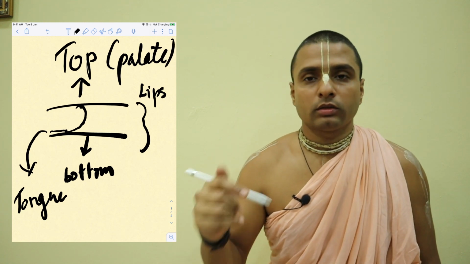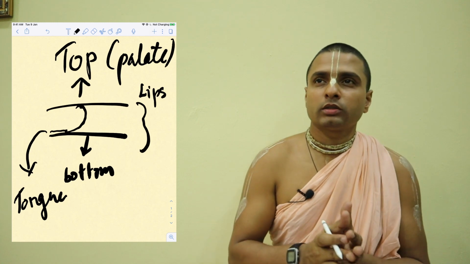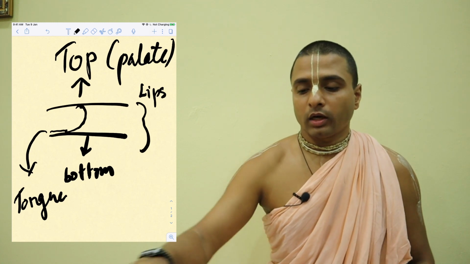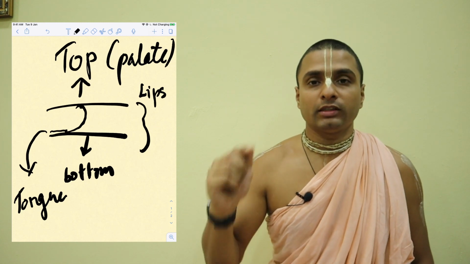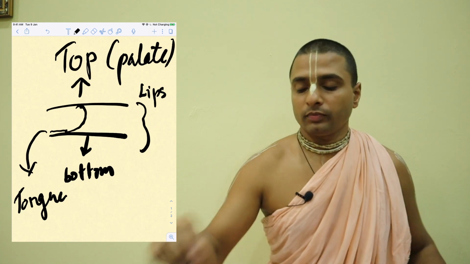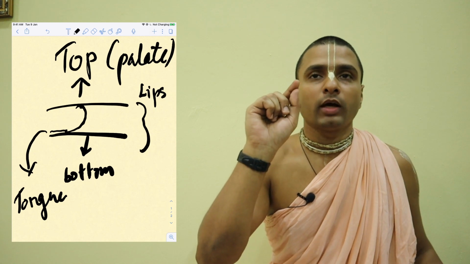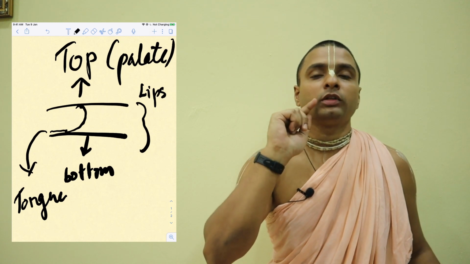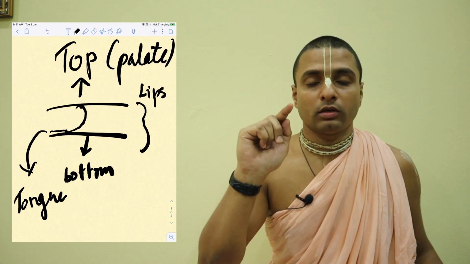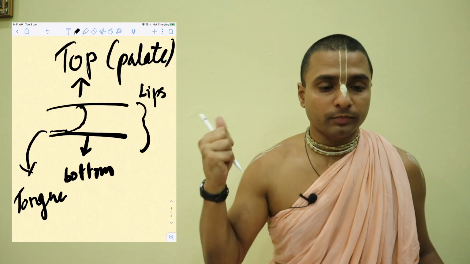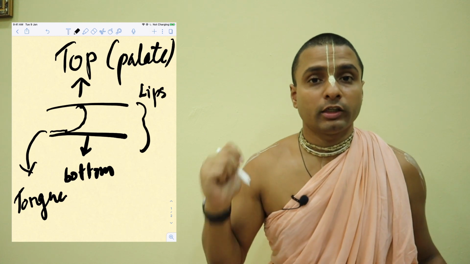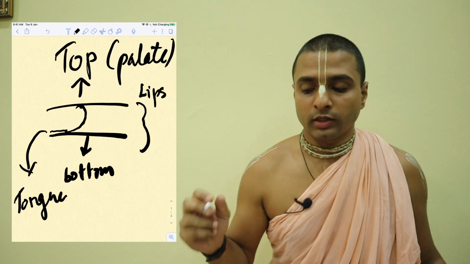And usually sometimes I see some devotees, they can't distinguish between the retroflex "ta" and the dental "ta". Dental means the tongue is touching just at the tip, at the root of the teeth. That is the dental "ta". But when the tongue touches at the top like this in the diagram here, that is the retroflex "ta".